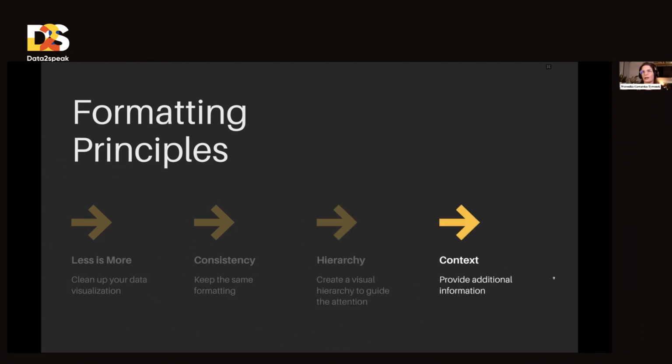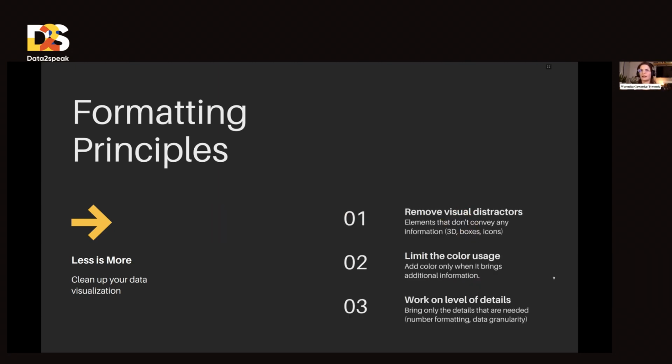And the last one is context. So if we know what we want to show, then we should ask ourselves, is there any other additional data that will help us understand the chart better? So those are the 4 principles that we should keep in mind. And actually, what do they mean? So how to translate them into some practical steps and rules that we can implement.